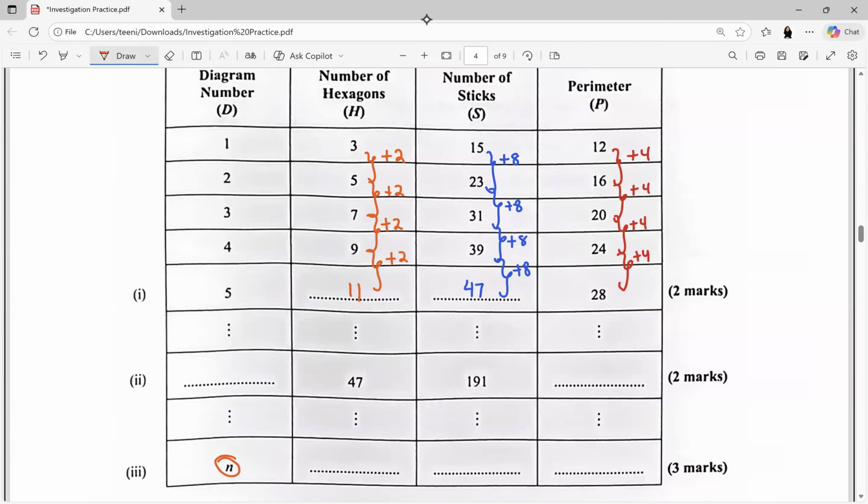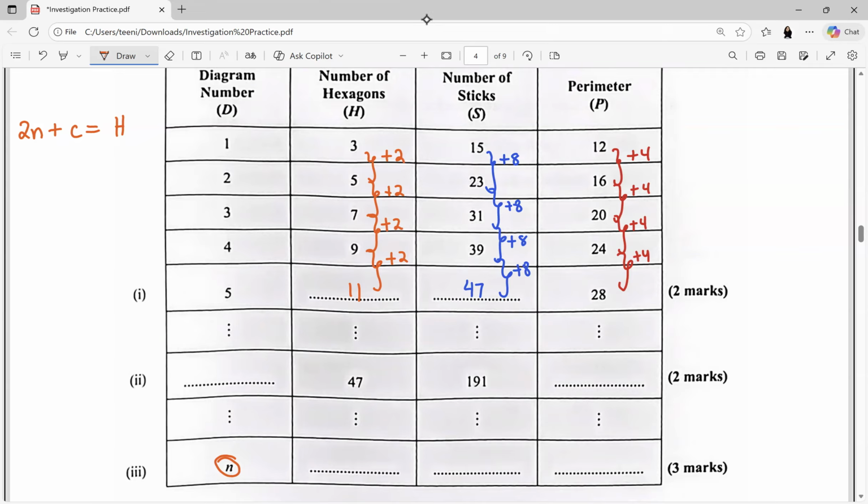So that would be 2n plus some value c is equal to the number of hexagons, right? So what we do now is we substitute a value of n, and we try to work out what c is, to try to establish the general rule.